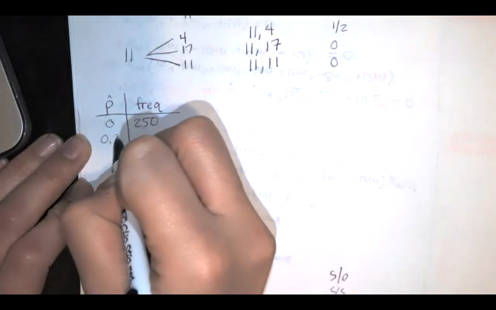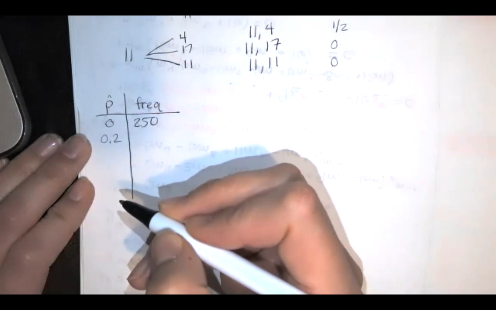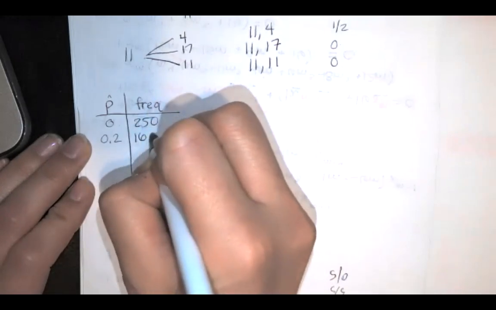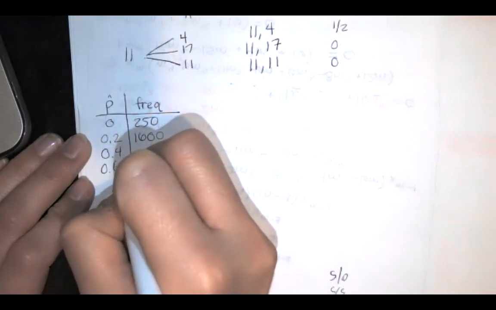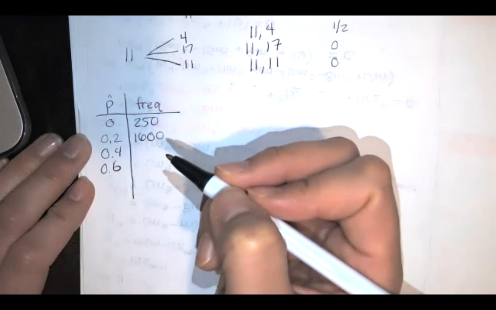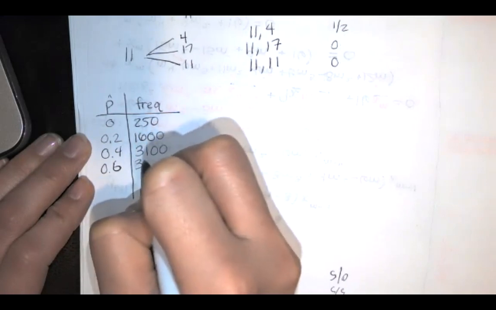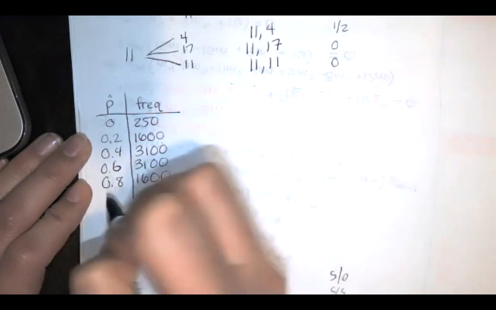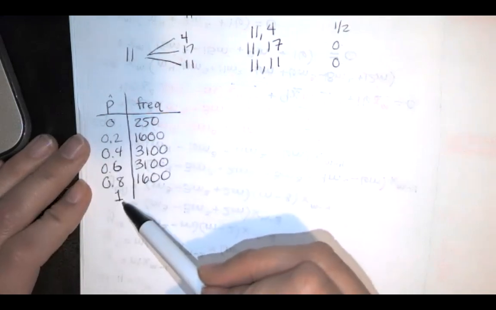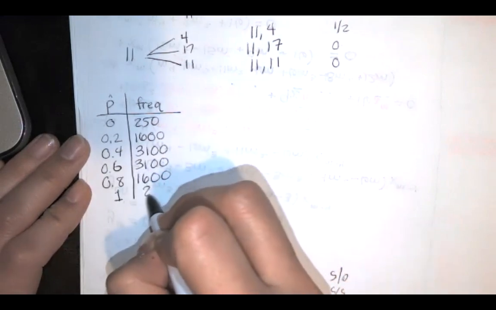P-hat is 0.2, or 1 out of 5, and that looks to be about 1,500, maybe 1,600. And for 0.4 and 0.6, those appear to be about 3,100 each. And then 0.8 appears to be about 1,600, and 1, that's a proportion of 5 odds out of the 5 times you roll the die. That appears to be about 250.